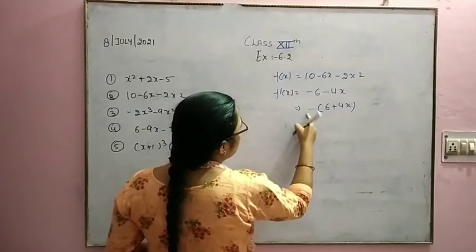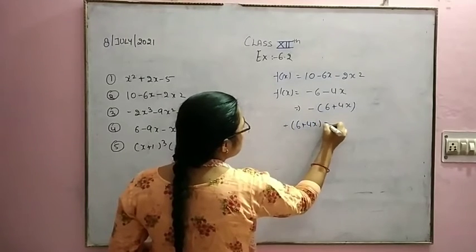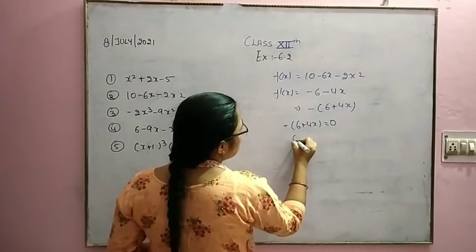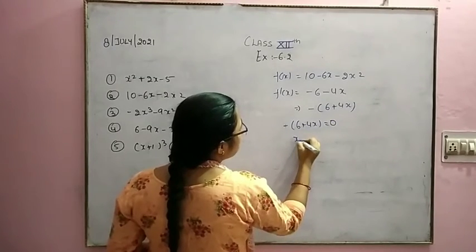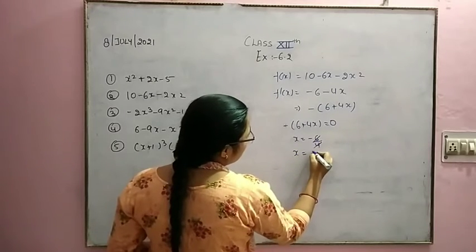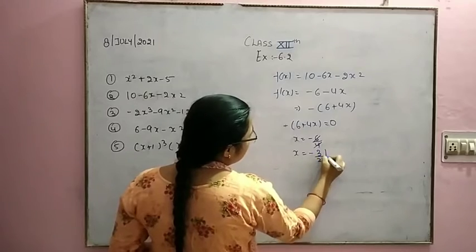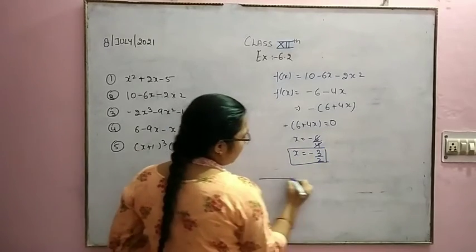Then equate this equal to 0. We get x equals minus 6 by 4, that means x equals minus 3 by 2. Just draw a number line.